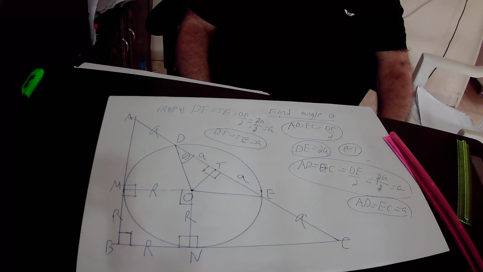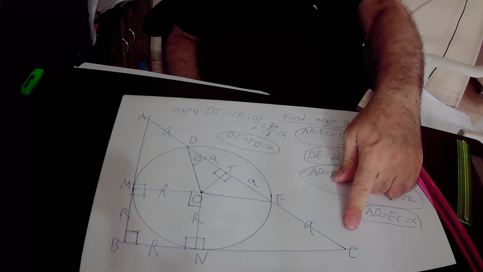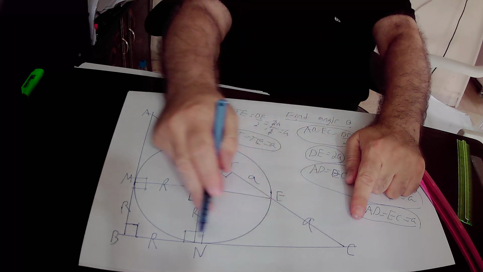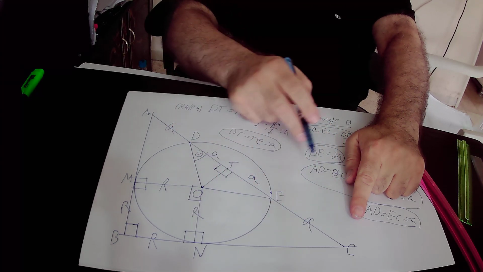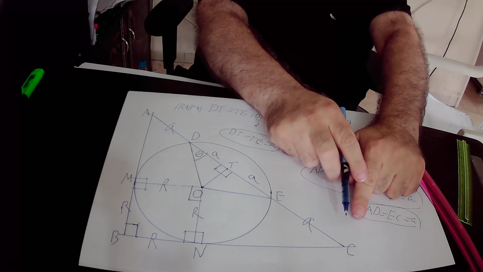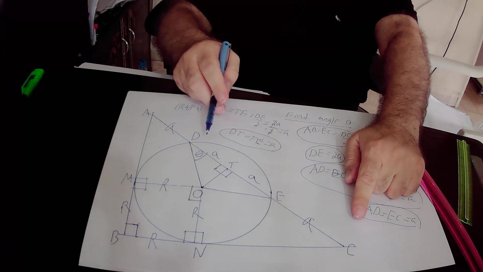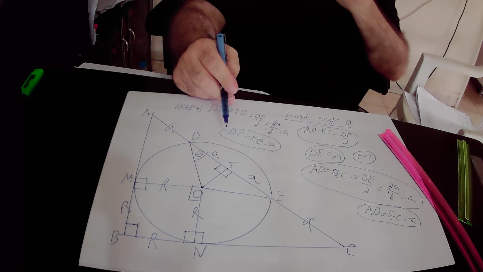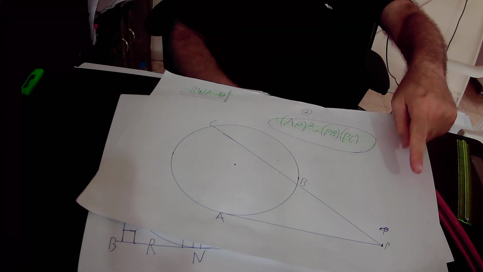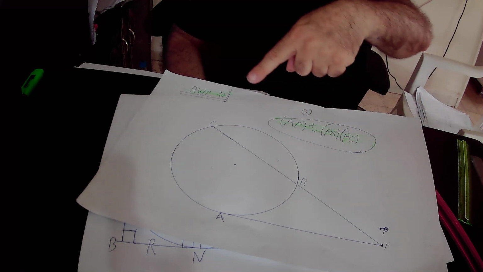So in the next step we'll focus on point C. From point C we have tangent CN, and we have this straight line that intersects with the circle at point E and at point D. Therefore, according to rule number 10, PA squared equals PB times PC.